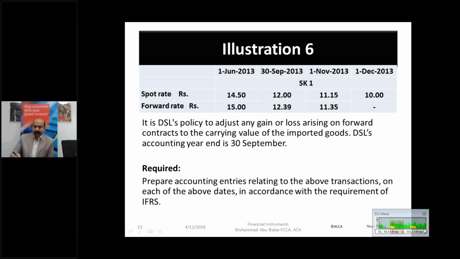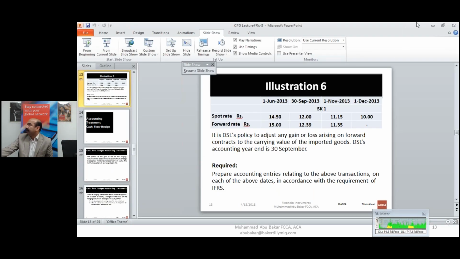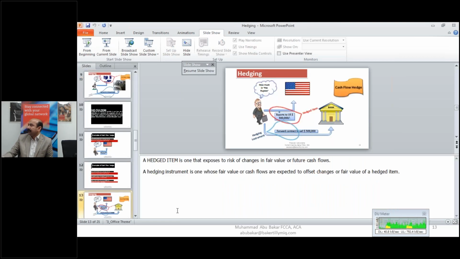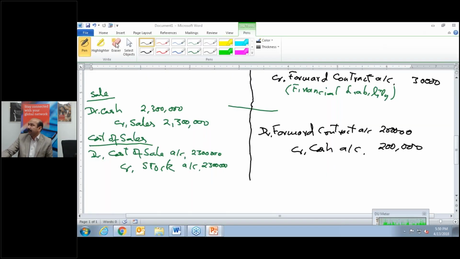Okay, so let's use an empty Word doc. I suppose we have one here, and this illustration should be in front of you. I suppose you must have downloaded the material.